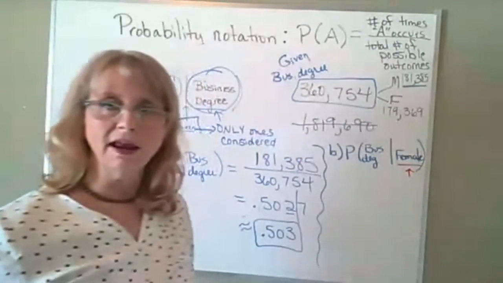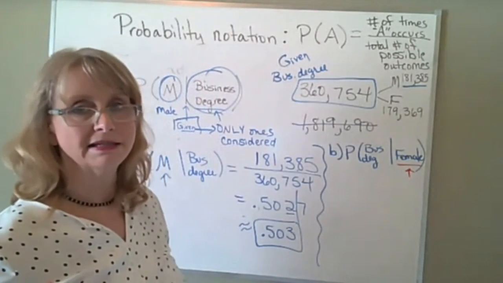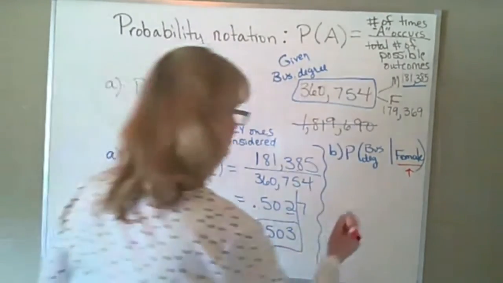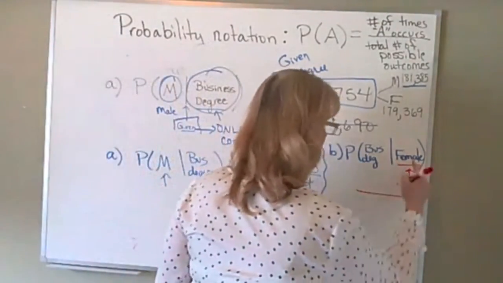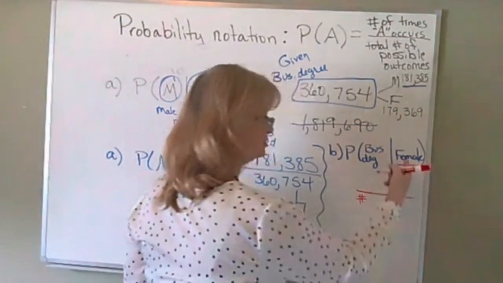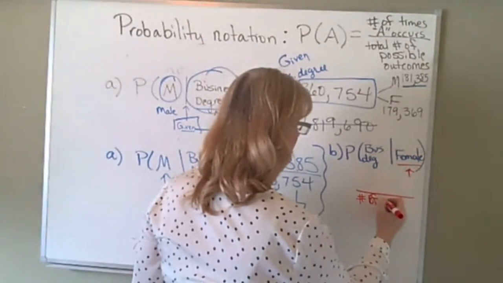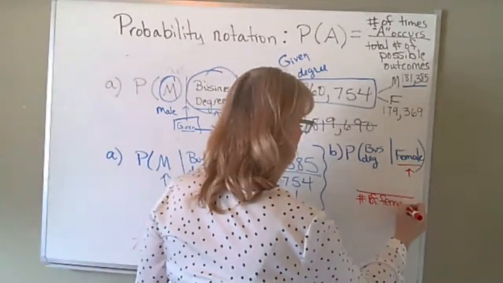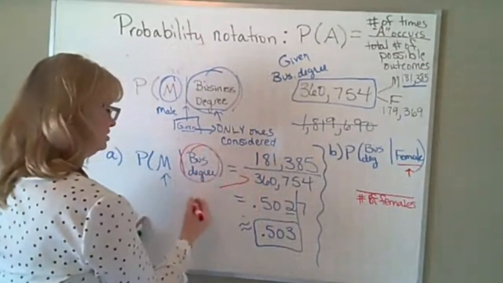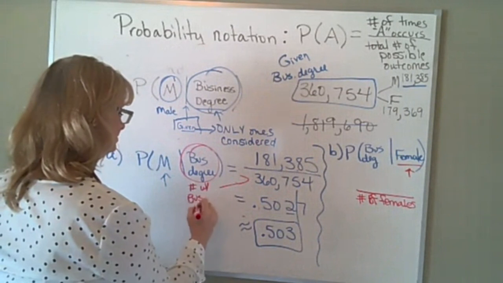Okay, so remember, this is your condition. That's like what you already know. That tells you what your reduced sample space is. So that means for my bottom number, that's my reduced sample space. So what I need for my bottom number is just all of them that are already female. Number of females. So on this one, my bottom number was the condition, the number with business degrees.